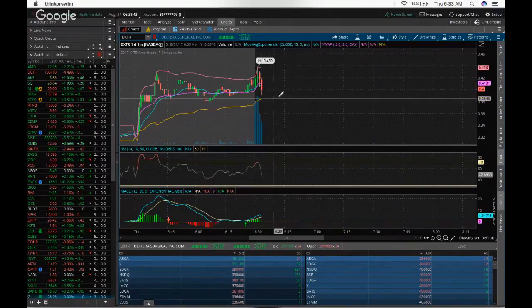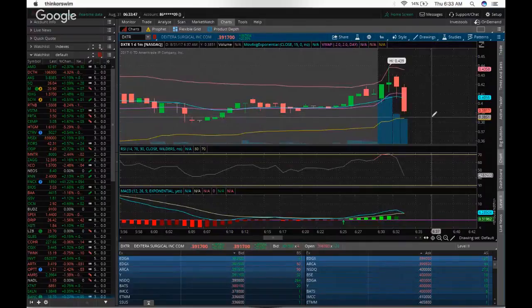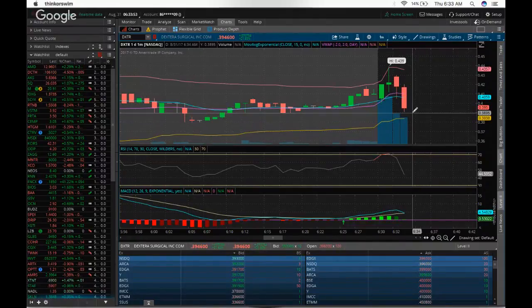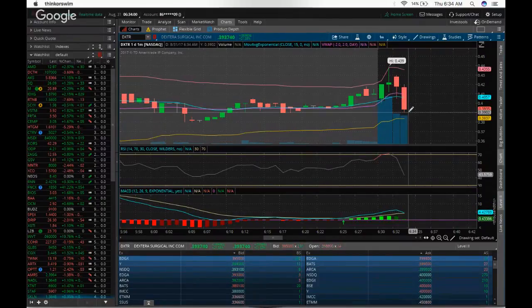Bounce at the golden VWAP line. Let's see if we can get a bounce. Looks like it's trying to hold above 39. And guys, this drop that it just had, oh, there it goes.